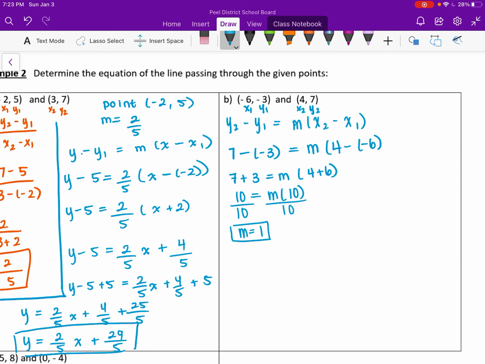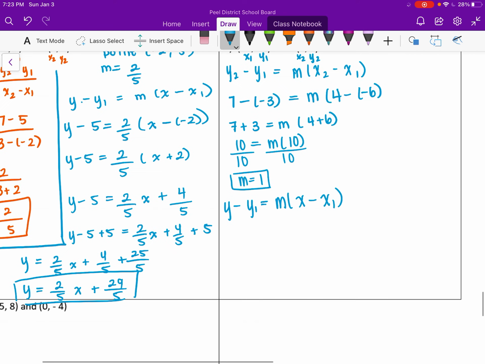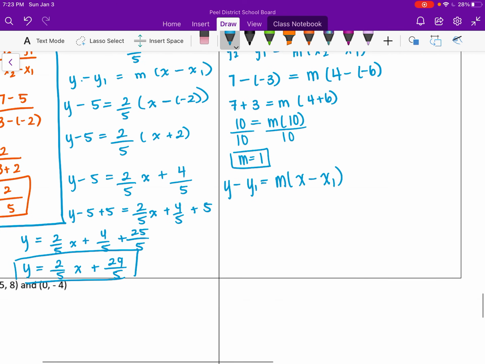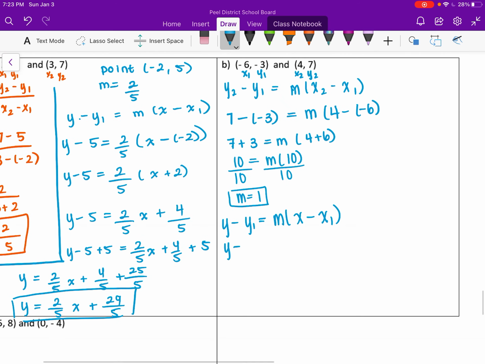And now I can go back and try to find my y-intercept by saying, okay, y minus y1 equals m times x minus x1, where m is just 1 in this case, but I'm still going to write the m in. And pick one of those points. I went with the 4 and 7 because I don't like working with negative numbers, but you could have gone with anything you wanted. So I did y minus 7 equals 1 times x minus 4.